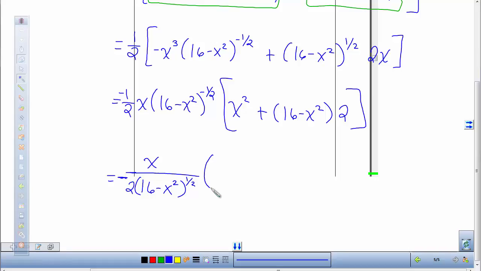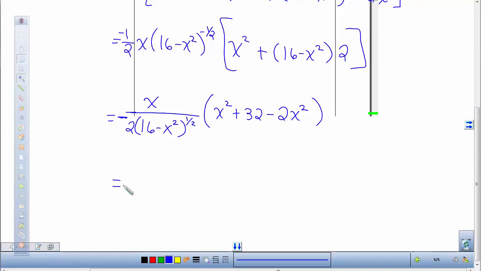And then over here we get x squared plus 32 minus 2x squared, or minus x over 2 times 16 minus x squared to the 1/2.